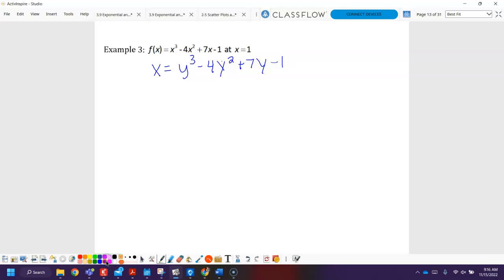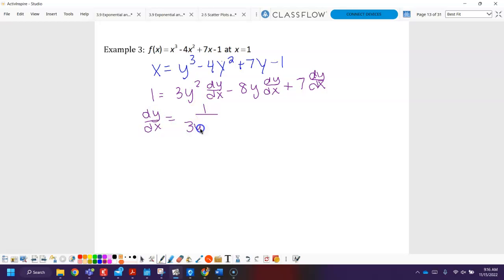Find your derivative. So you have dy dx equals 1 over 3y squared minus 8y plus 7.